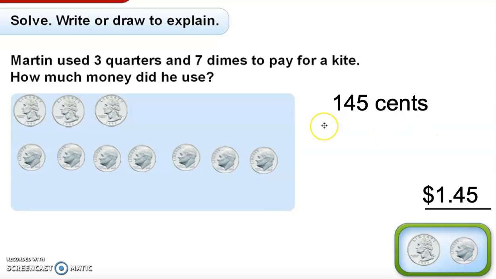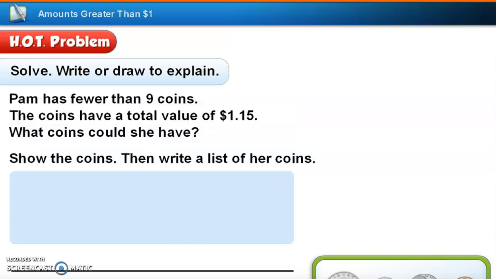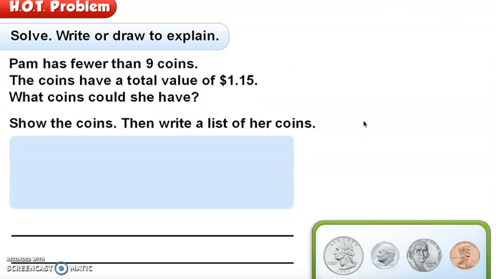So if you're not comfortable with going from, let's say, 95 cents to 105 cents, or 95 cents to $1.05, you can still say 145 cents. Just make sure that you convert it to $1.45. Kind of tricky, but we'll get the hang of it.